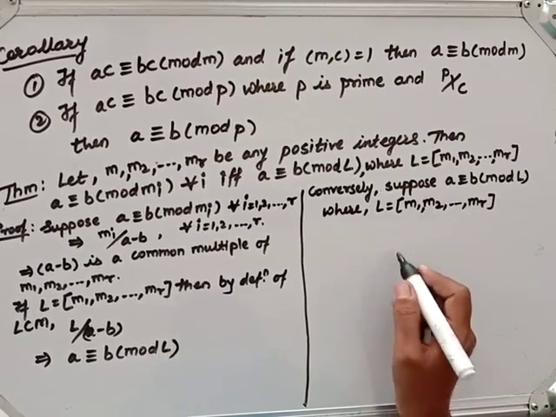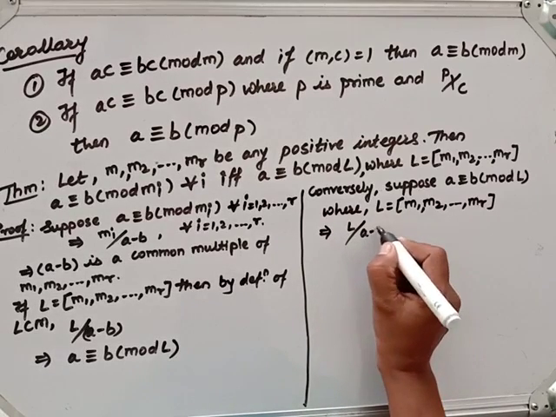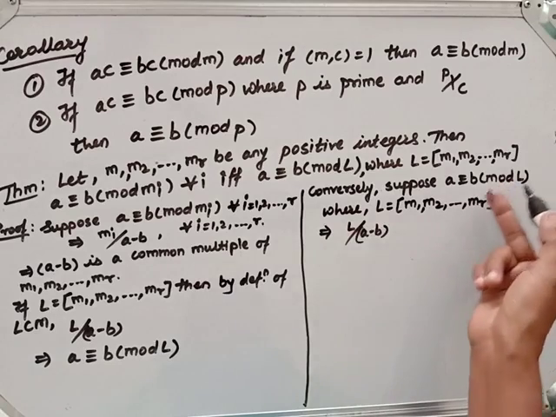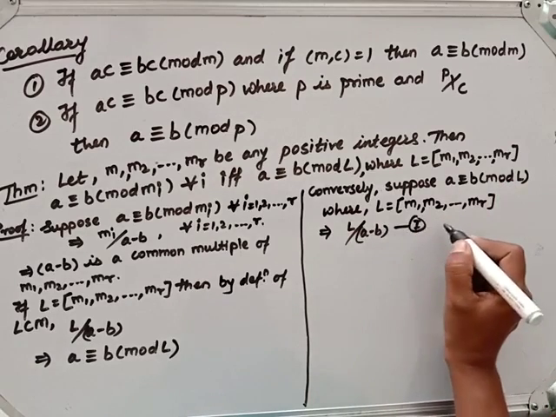Fine. So, if this is the case, we get L divides A minus B. This is by definition of congruence simply. Call it equation number 1.